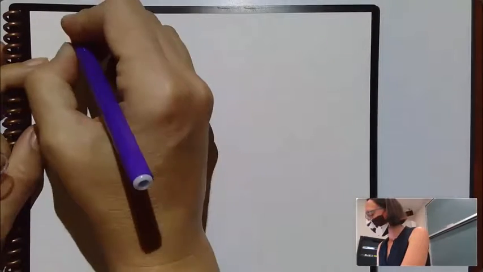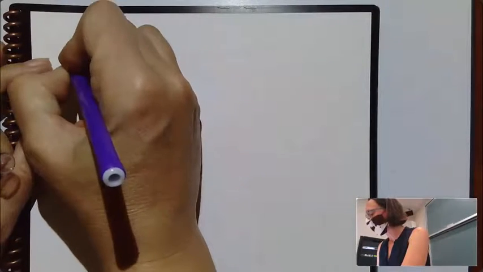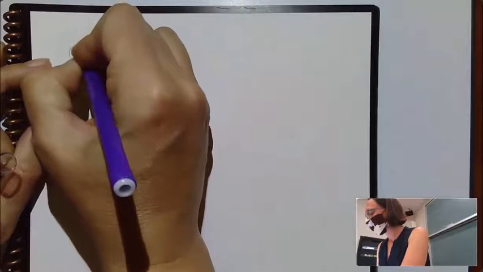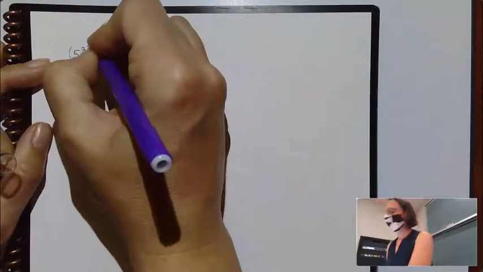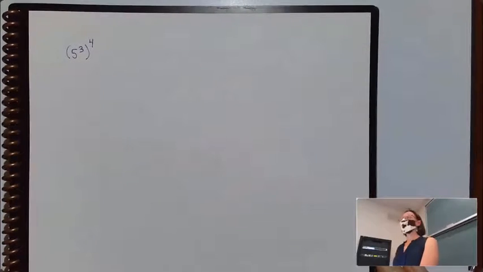So one of our other exponent rules that maybe we talked about before as a rule, maybe we didn't, I don't know. If I had something like 5 to the 3rd to the 4th, so I have powers raised to powers.